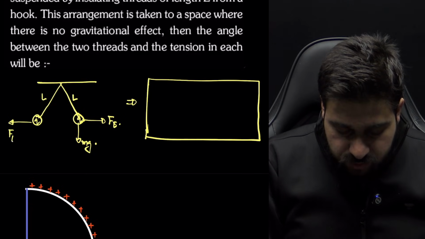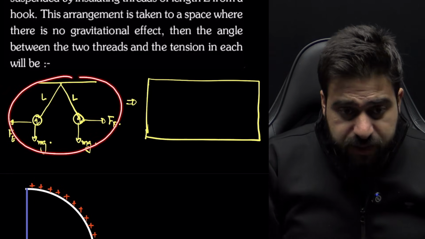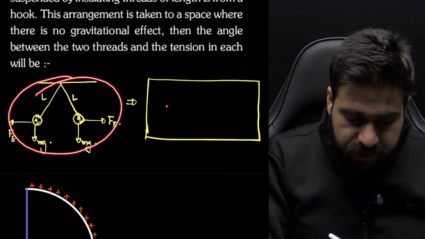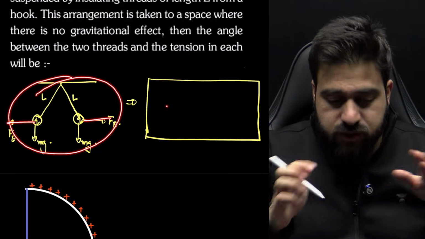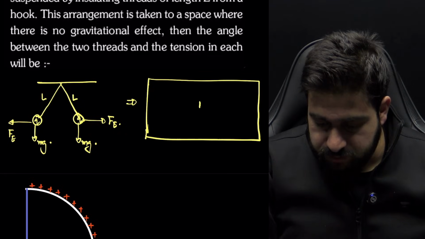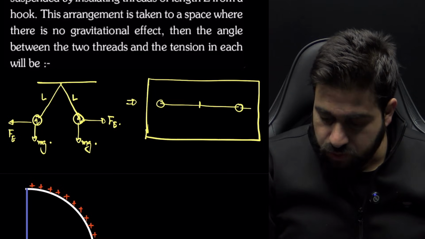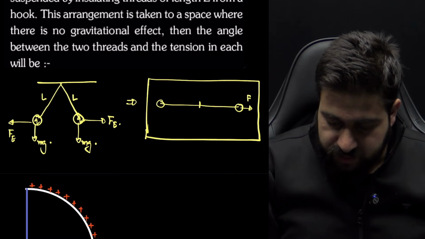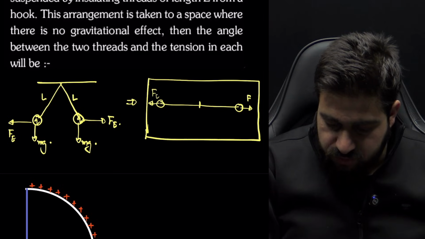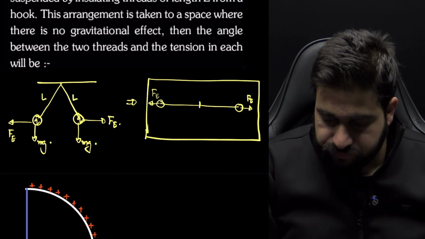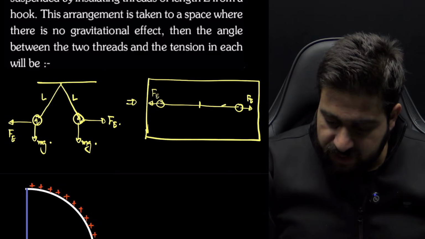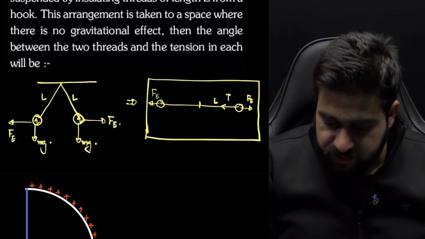Here gravity is present, but when you put it over here, due to these 2 electrostatic forces, it will look something like this. On this, electrostatic force will be acting in this direction, and electrostatic force in this direction. And in the inward direction, there will be tension. This is the length L.